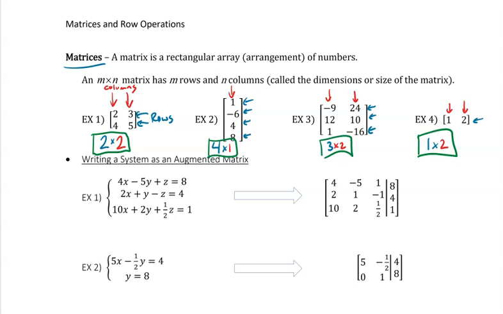Now if we ever wanted to talk about exactly one of these elements, all we'd have to do is say what row it's in and then what column it's in. That would tell us the element.